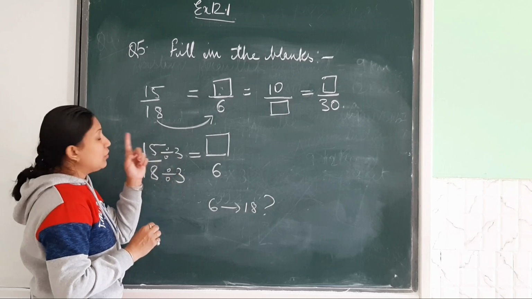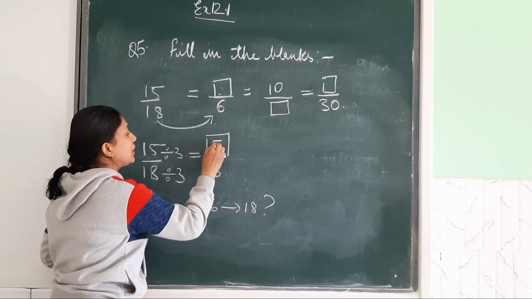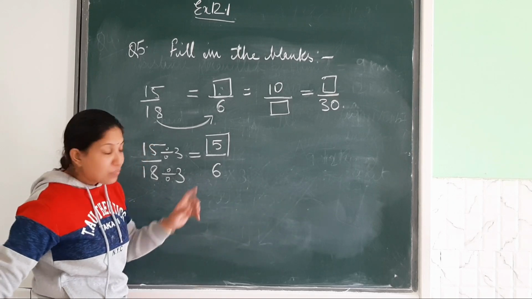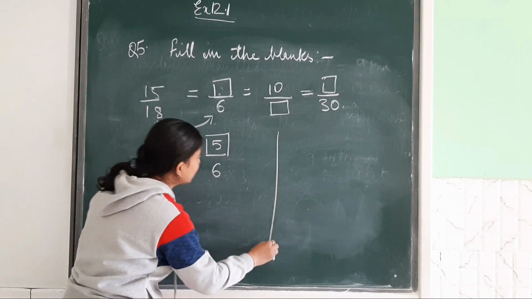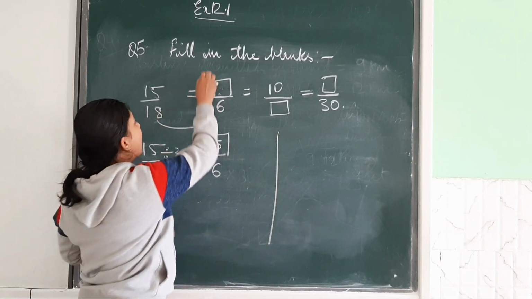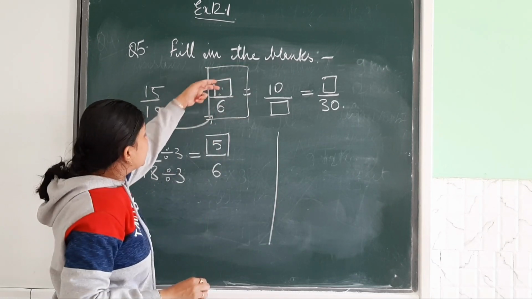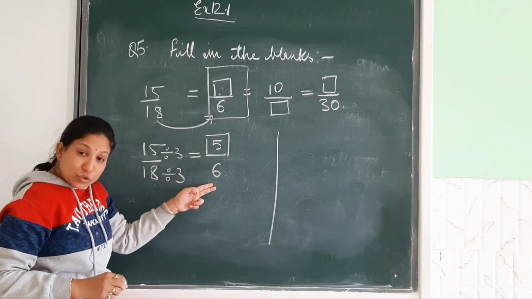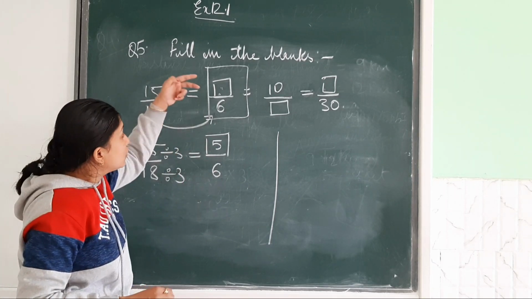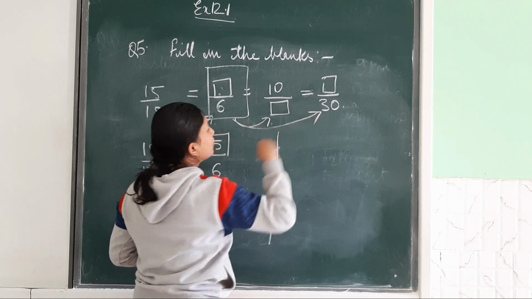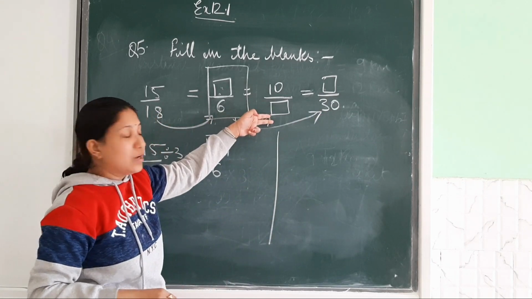So 15 divided by 3, you get the answer 5 by 6. Now remember 5 by 6. This will be our center number, okay? Why? Because children, this is in reduced form. So we will use this number, and each time we will compare with the other set of numbers.